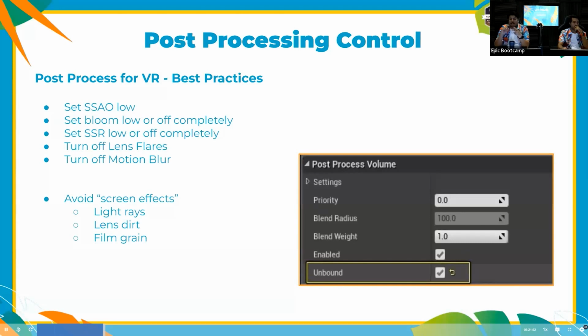Also, please let's turn off lens flares and motion blur. Believe it or not, we have access to all of this inside the post-processing volume. Also, everything that has SS means screen space, and screen space effects are a big no for VR.